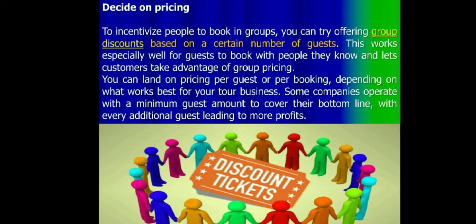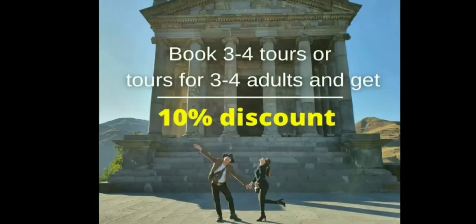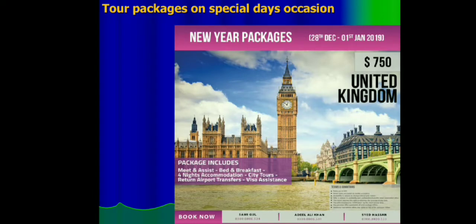For example, on the screen you can see the following discount: book 5 or more tours, or a tour for 5 or more adults, and get a 15% discount. Some tour companies offer privileges or discounts in order to attract a lot of people. So making a discount is preferable on the tour package. Next, for COVID-19 vaccinated people, they give an additional discount.